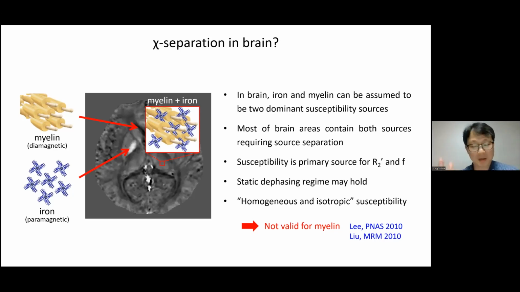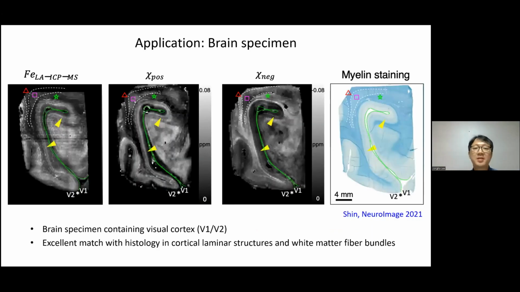So the assumption is a little inaccurate for myelin, and we have to suffer some errors generated from these effects. But having said that, our first question was, why don't we just apply it and see what the results look like on a brain specimen that has known structures of myelin and iron.